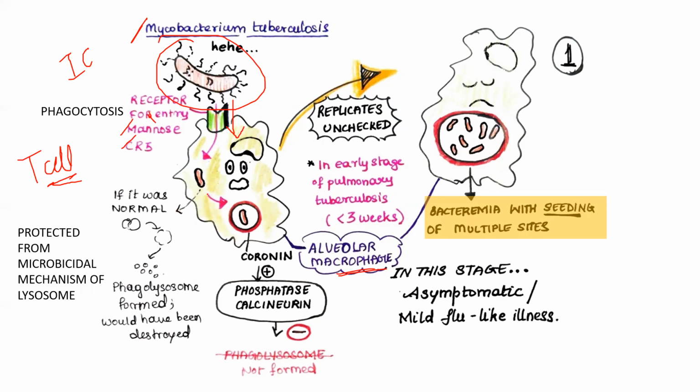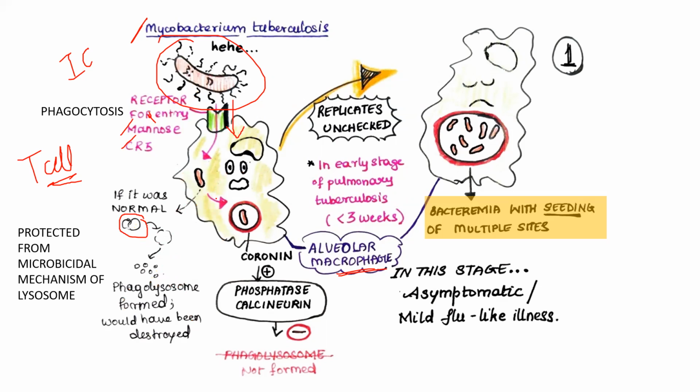So if it was not Mycobacterium tuberculosis, if it was just another normal bacteria, it would have formed a phagolysosome inside the macrophage, followed by destruction. So it is killed, and we do not manifest any kind of infection.